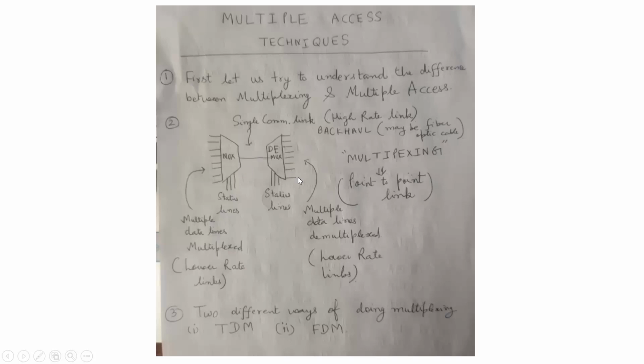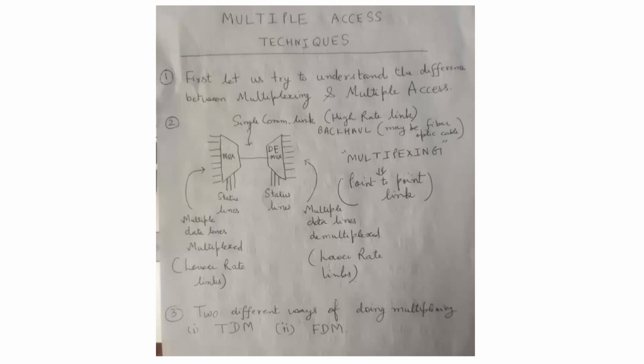Now, two different techniques can be used to do the multiplexing. One is known as time division multiplexing. The other is known as frequency division multiplexing. In case of time division multiplexing, you can send the data through these lines quickly, so that a time slot is allocated during which the communication is to be done, and that time slot can be used by these multiple data lines to transmit in that time slot only.